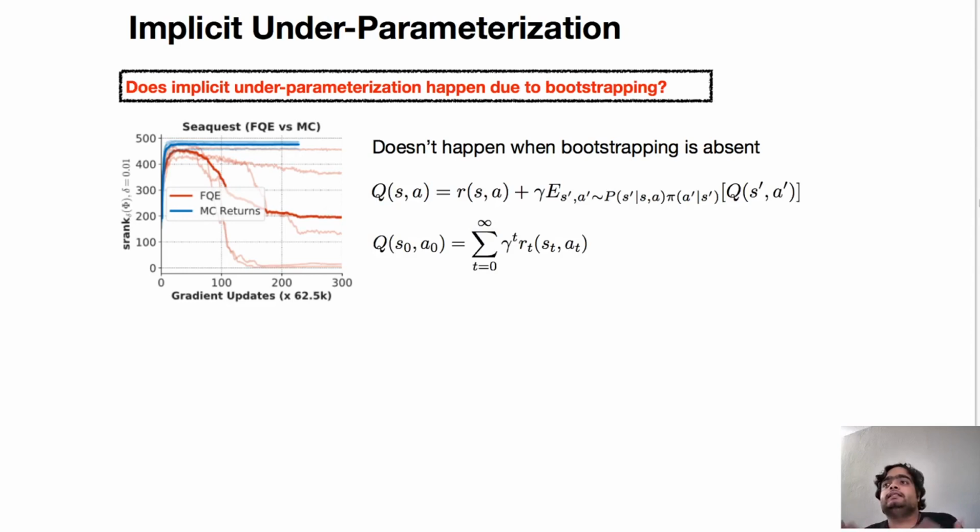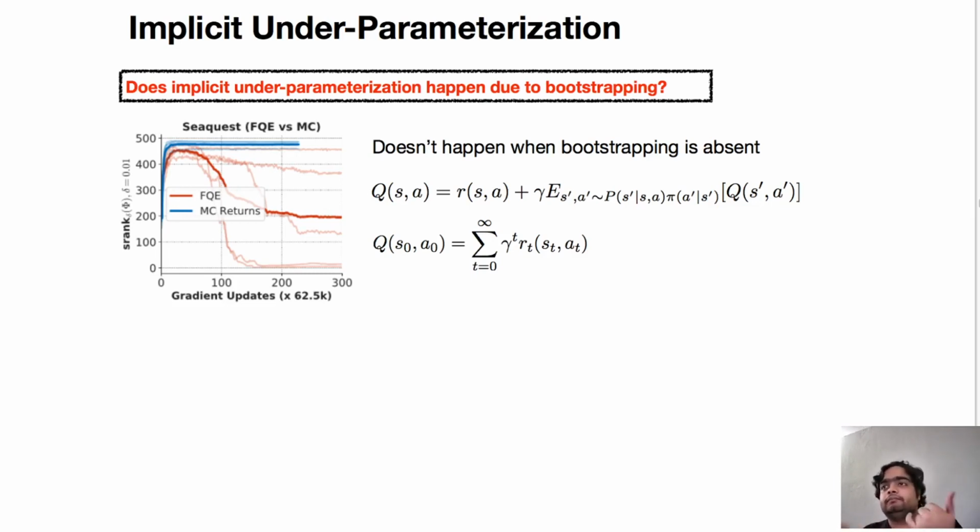When you're trying to evaluate a particular policy, you can evaluate it in two ways. You can do Monte Carlo regression, so you can just say the Q value is equal to the sum of Monte Carlo returns, which is the sum of gamma to the t, r of s_t, a_t, or you can evaluate it using fitted Q evaluation, which means you are doing policy evaluation using the Q function.